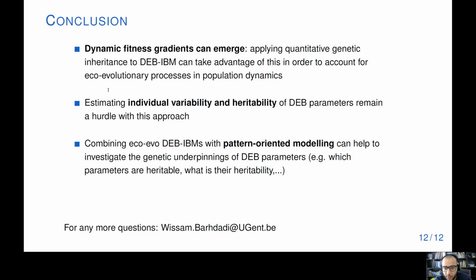A big challenge to use this model for questions related to the impact of eco-evolutionary dynamics still remains the estimation of individual variability and heritability of DEB parameters. But combining eco-evo DEB-IBMs with a pattern-oriented modeling approach can result in a tool that may actually be able to help in tackling these challenges in parallel with the experimental and statistical approaches.